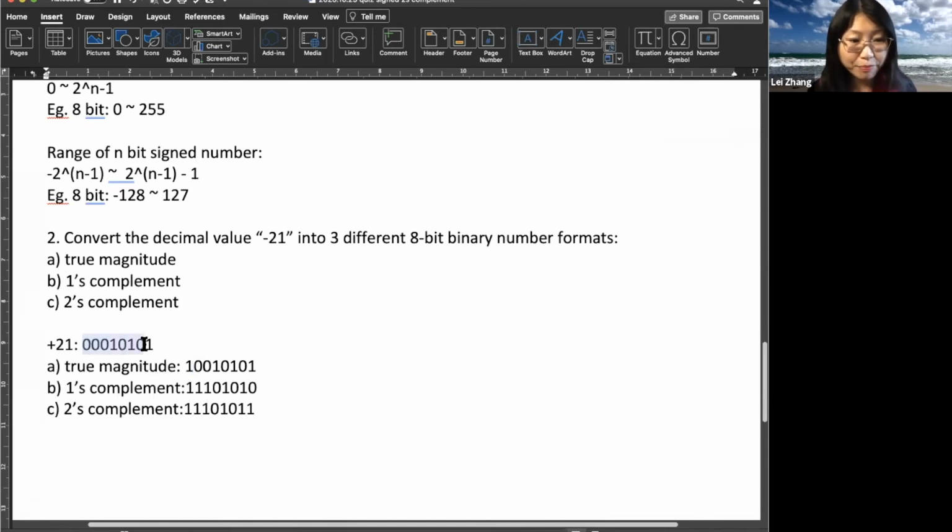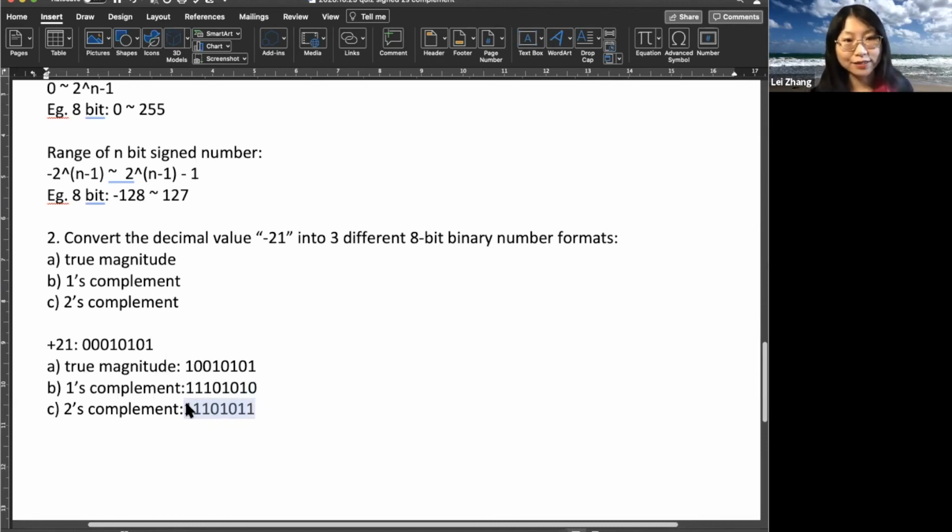So every bit needs to be flipped, including the most significant bit, the sign bit. So flip all bits here, we get 11101010. That's 1's complement. For 2's complement, we do 1's complement first and then add another 1. So that's our 2's complement form for the negative minus 21 value.